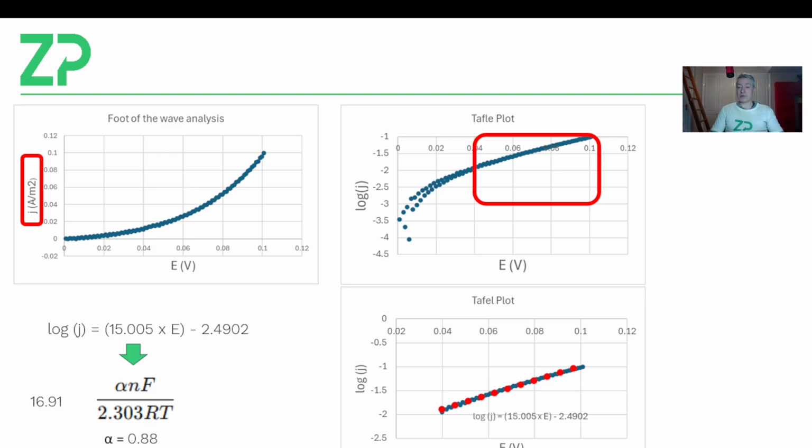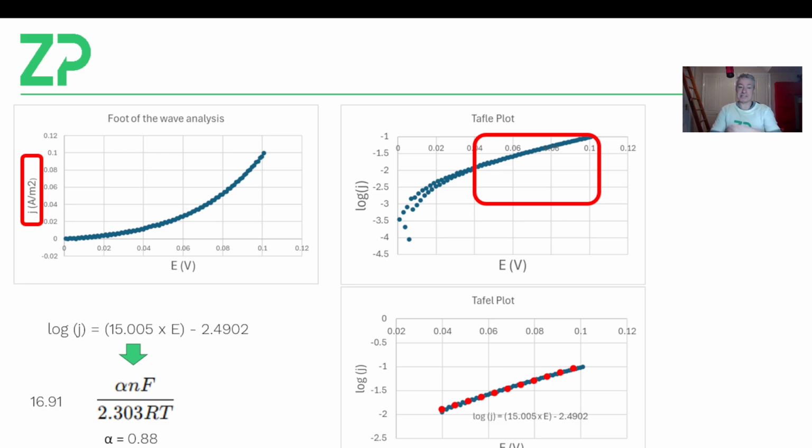But if I was to say what I've done, I've taken the cyclic voltammetry, narrowed in just on the foot of wave, turned my current from microamps into amps, then turned my current from amps into current density, and then plotted the log of current density versus voltage. I found the linear region and fitted it, and that gradient is proportional to alpha over n F 2.303 RT.